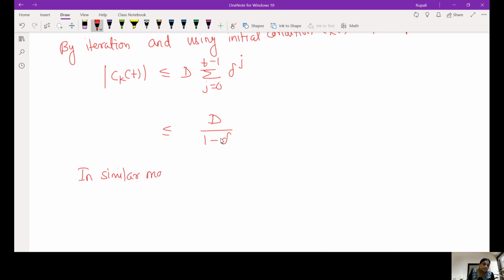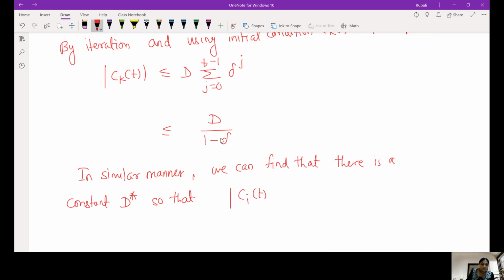So in similar manner, we can find that there is a constant d star so that |Ci(t)| is less than or equal to d star, for i = 1 up to n, and t greater than or equal to 0.